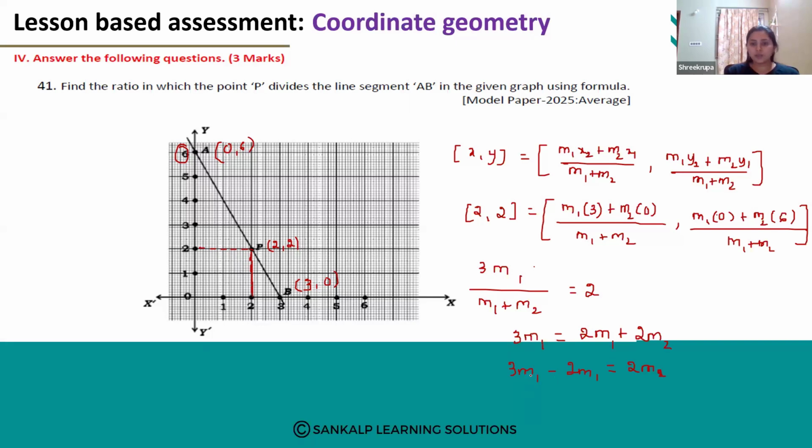So it is 3m1 minus 2m1, which will be equal to 1m1 equals 2m2. If we take the ratio, m1 by m2 equals 2 by 1. So m1 is to m2 is 2 is to 1. Ratio is 2 is to 1.